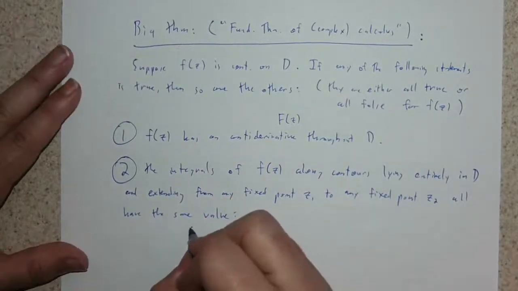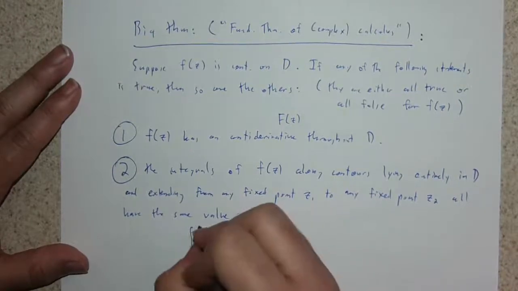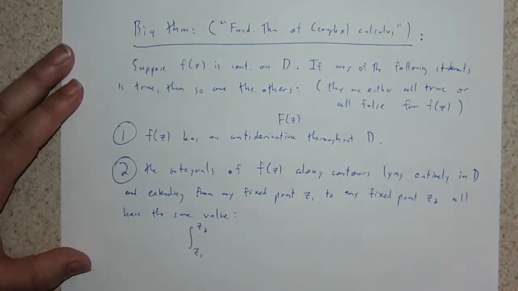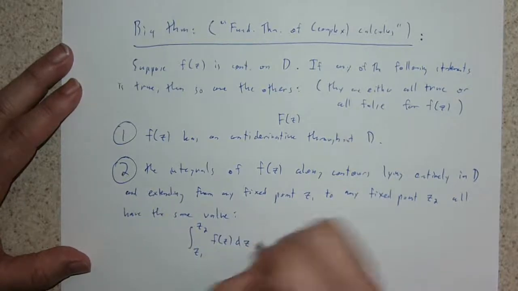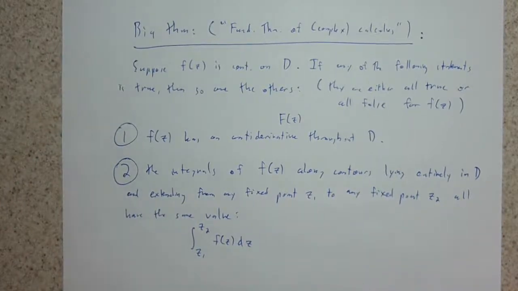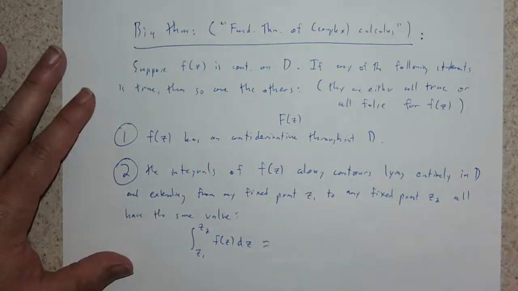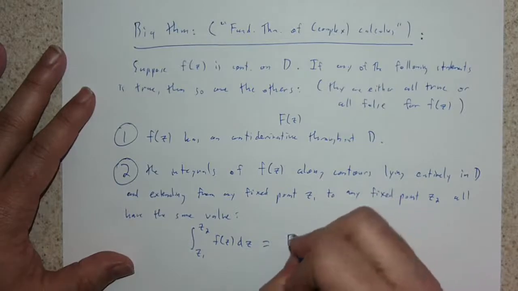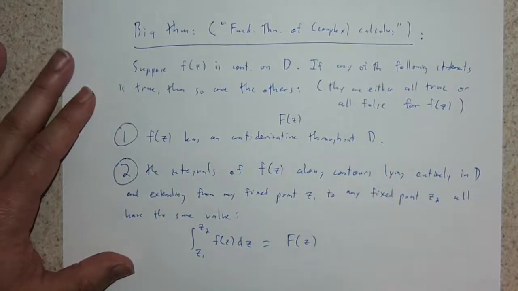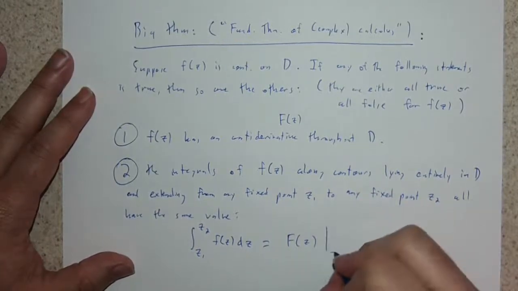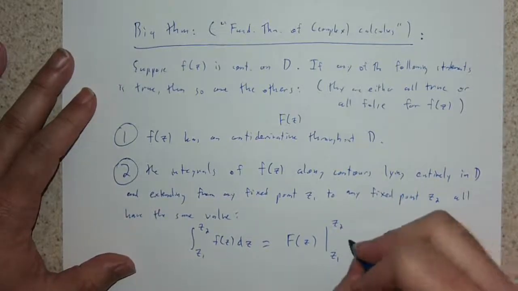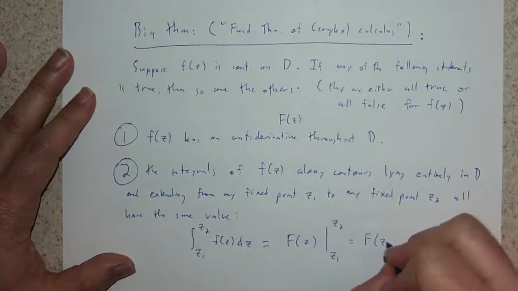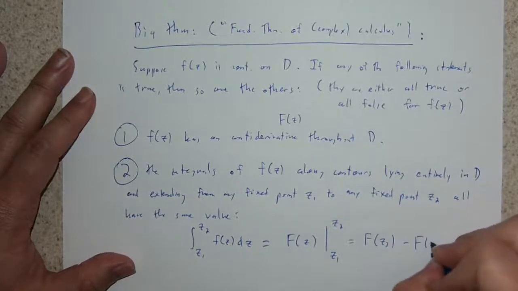What is this value? We can write the integral from z sub 1 to z sub 2, since I'm claiming this always has the same value, so I don't have to pay attention to the particular contour used. The only thing that matters is the endpoints. So this is big F of z evaluated from z sub 1 to z sub 2, or big F of z sub 2 minus big F of z sub 1.